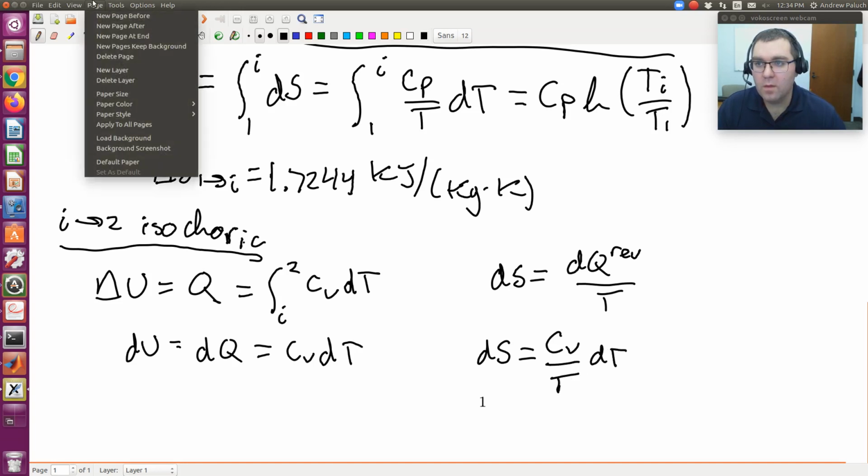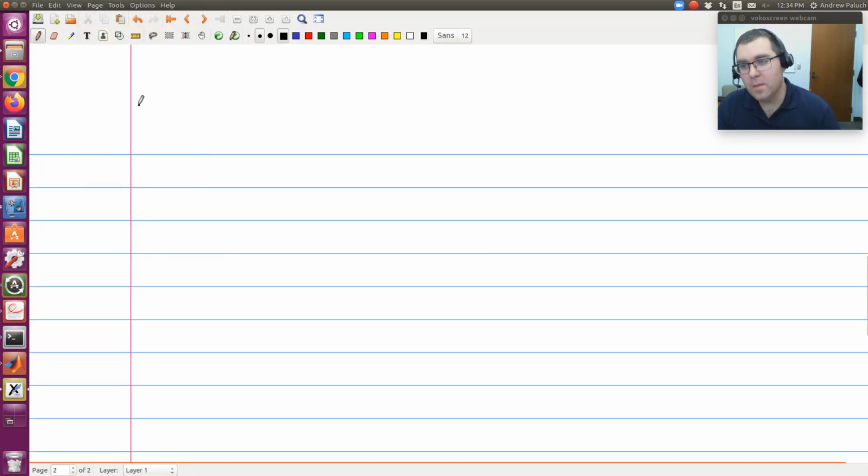So ds for my isochoric process is equal to Cv over T dT.